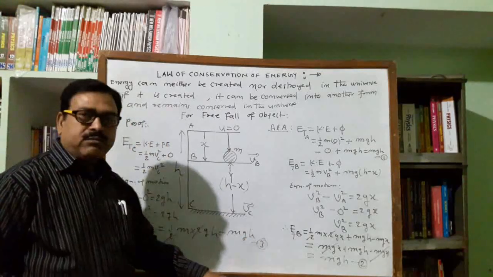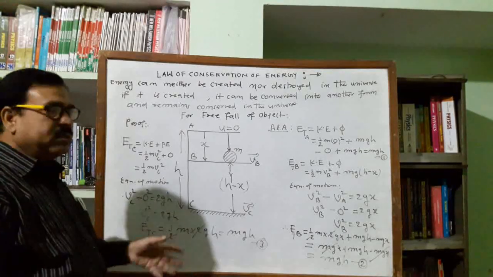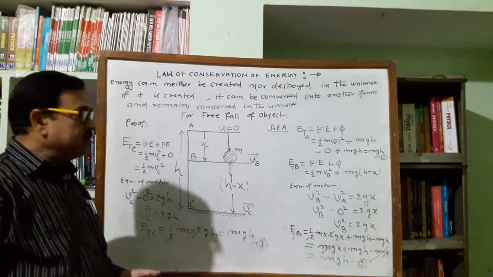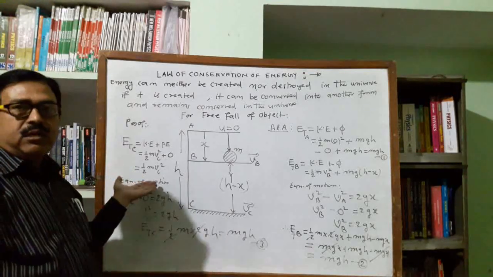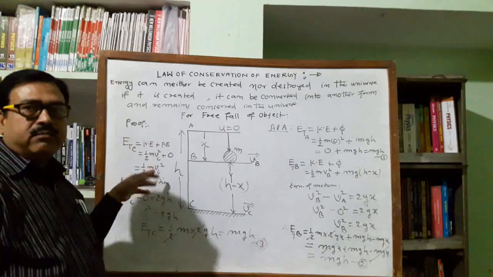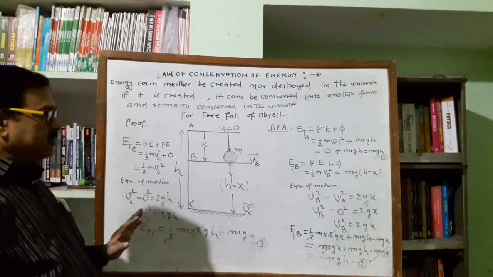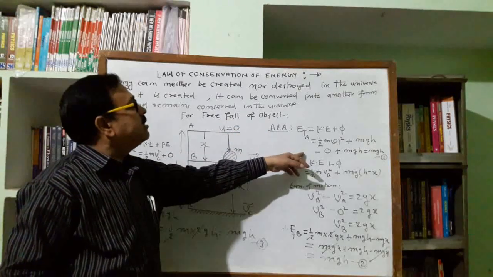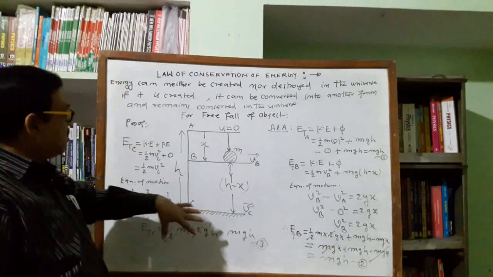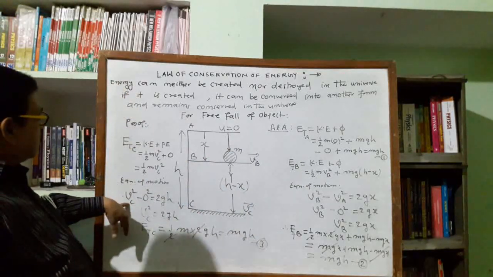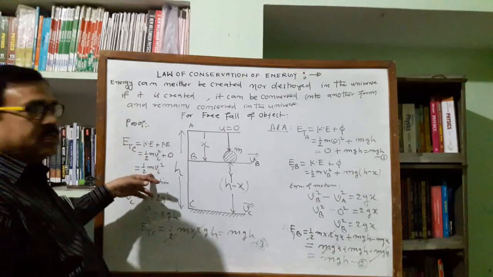So from all equations 1, 2, 3 we get the total energy possessed by the object is mgh, which is the same. And in the case of the third point C, the total energy has been converted into kinetic energy, half m v square at C. So initially when the object was at A, it possesses only potential energy, and when it falls down, comes to the ground to acquire the velocity vC, it has total kinetic energy only.